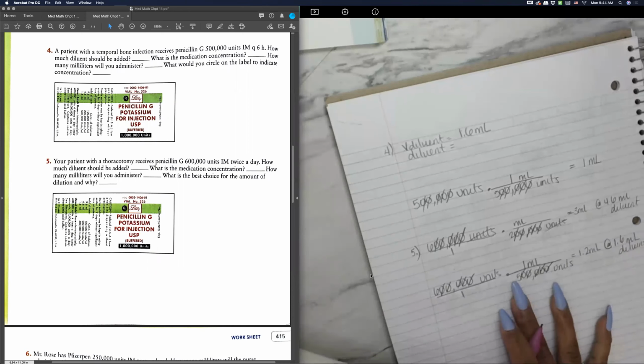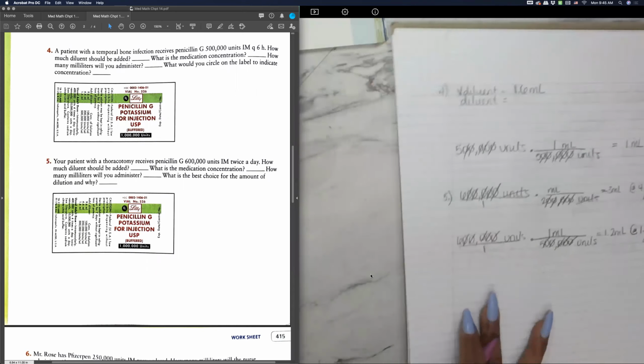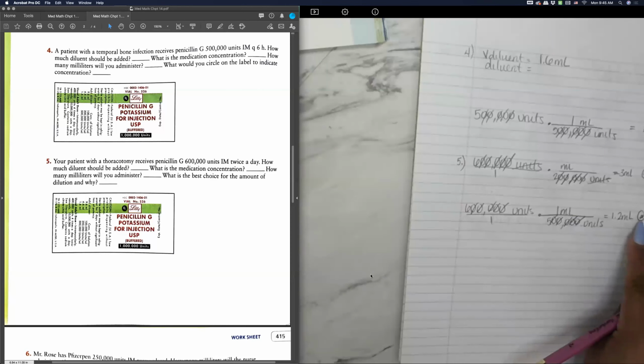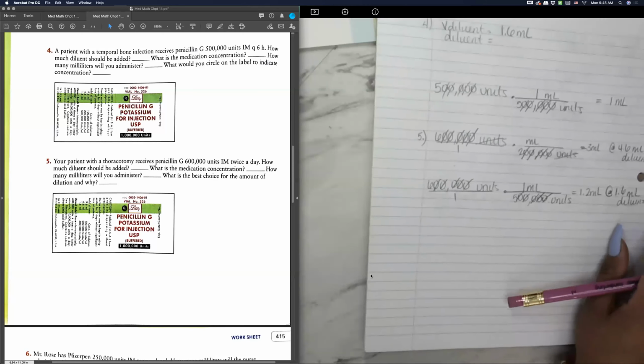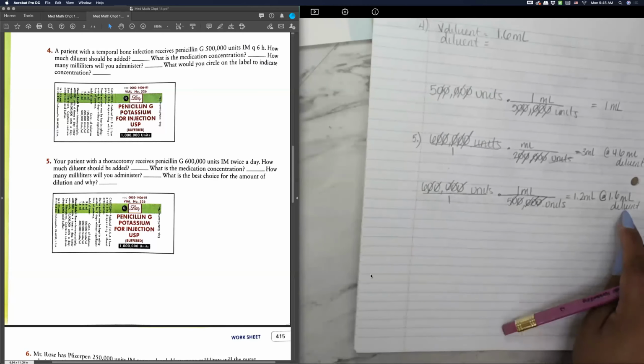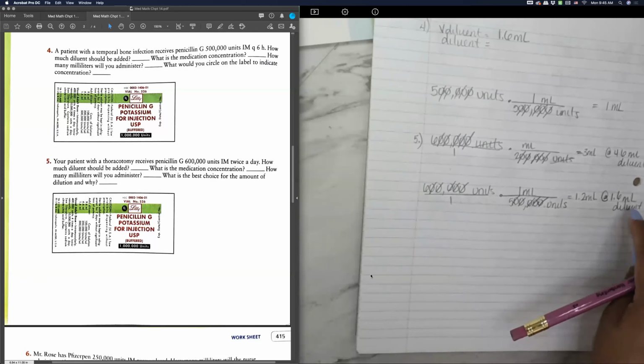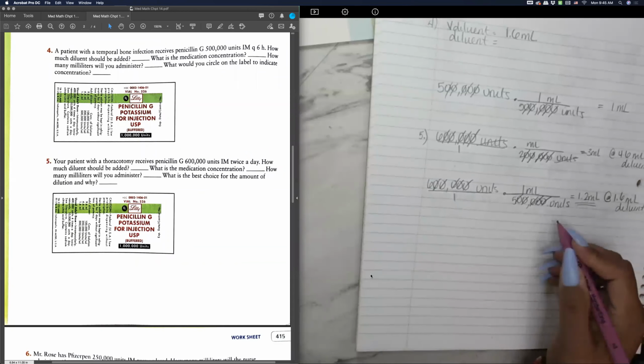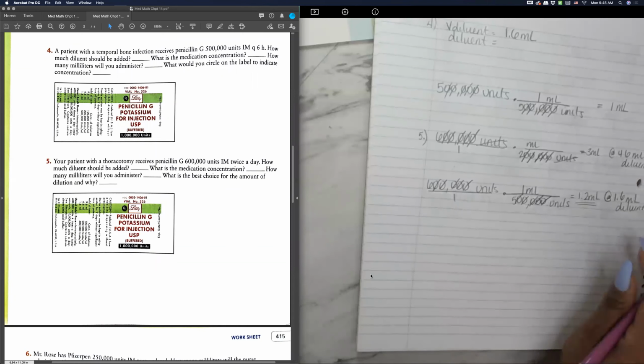So, where are we at? Okay, so the diluent that we're going to select is the 1.6 milliliters of diluent, because that's the one that gives me a smaller volume of medication to administer to my patient.